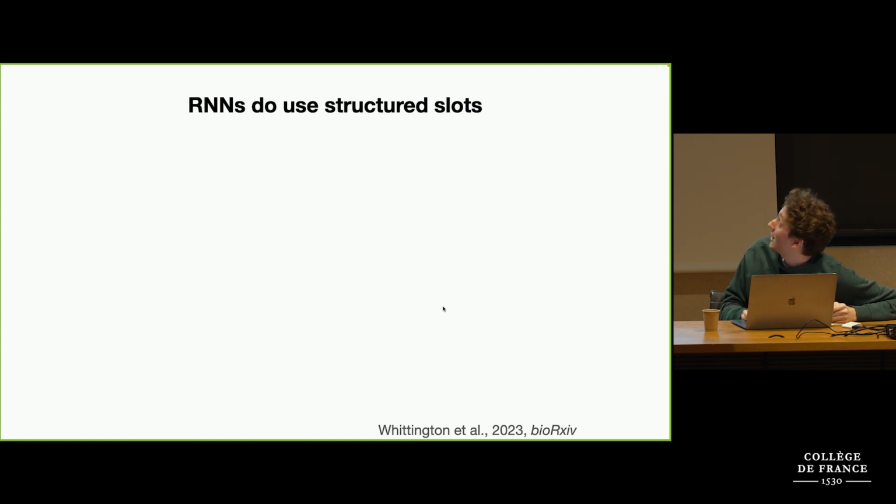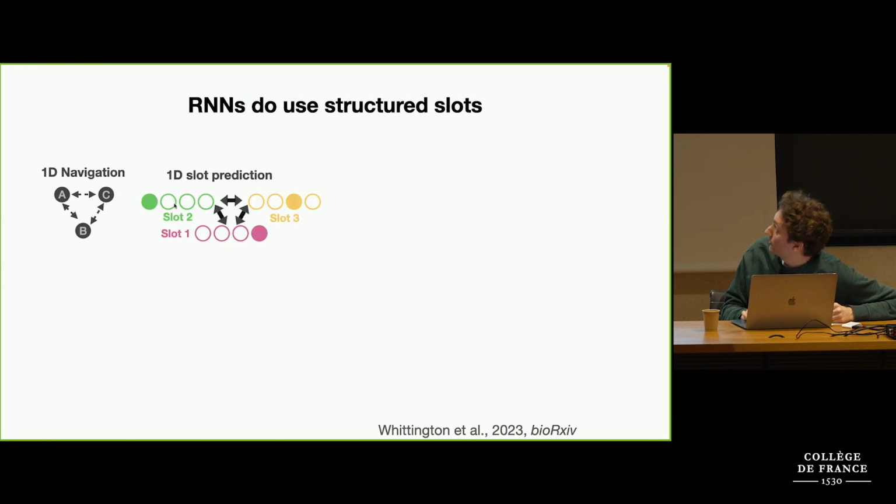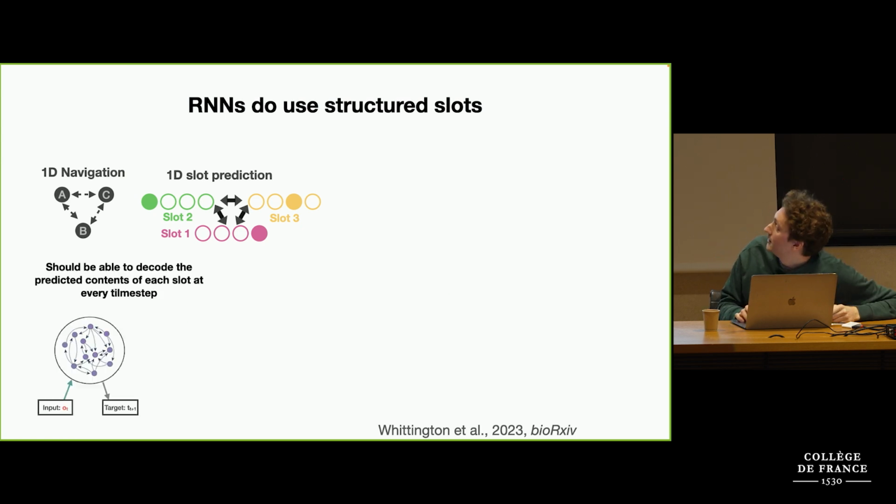The question is, are they actually learning this situation where they have these structured slots? Okay, so if they were, then for this very simple 3-loop task, it should learn a structure that looks something like this, or at least has properties like this. And we can try to detect that.